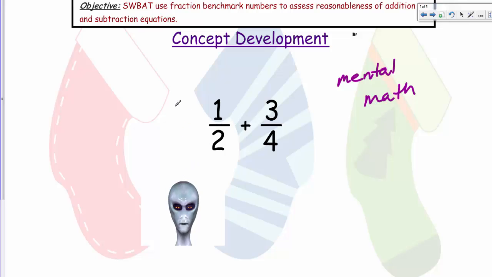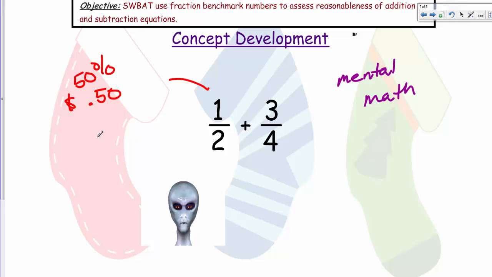First, I know that 1/2 is 50%. I happen to know that. It's also like 50 cents. If we're talking about money, 1/2 is 50 cents of a dollar. I know 2 halves will make 1 whole.